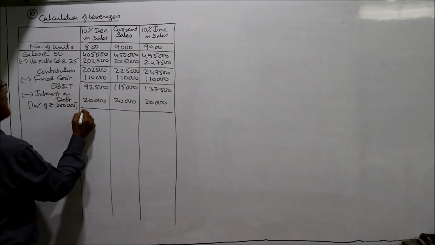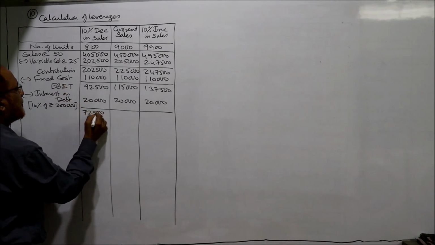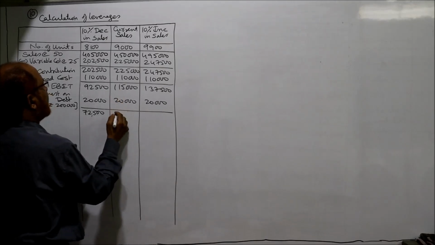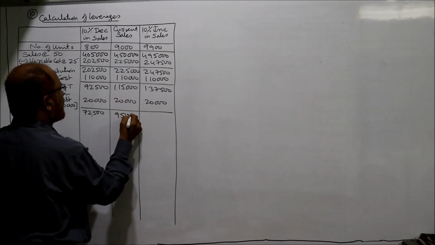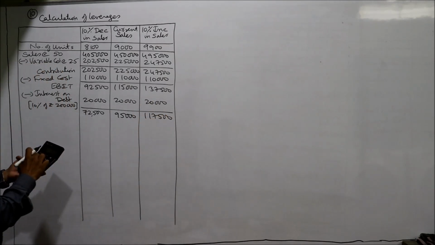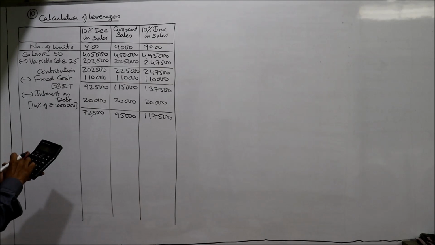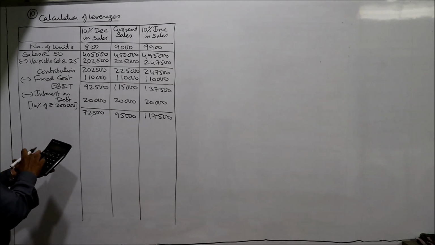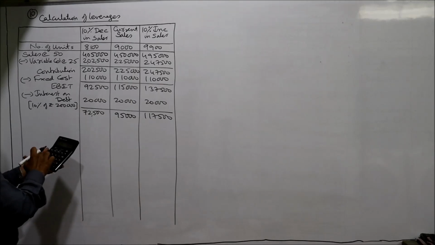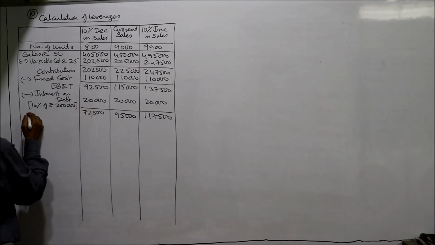So 92,500 minus 20,000, 72,500. 1,15,000 minus 20,000, 95,000. 1,37,500 minus 20,000, 1,17,500.